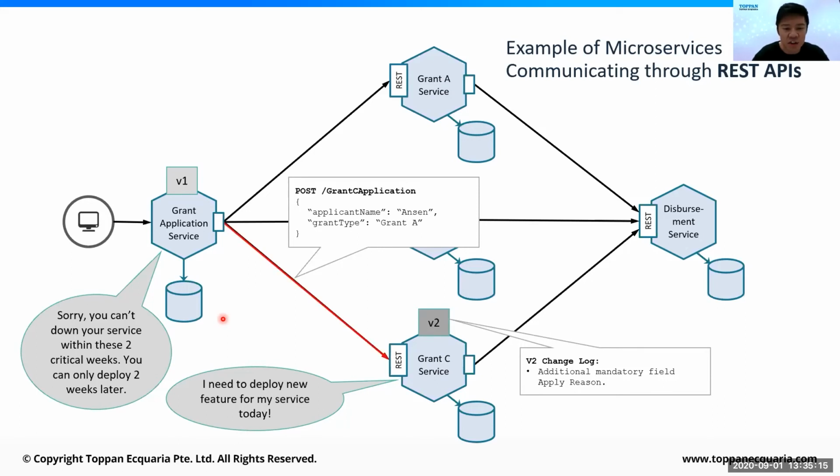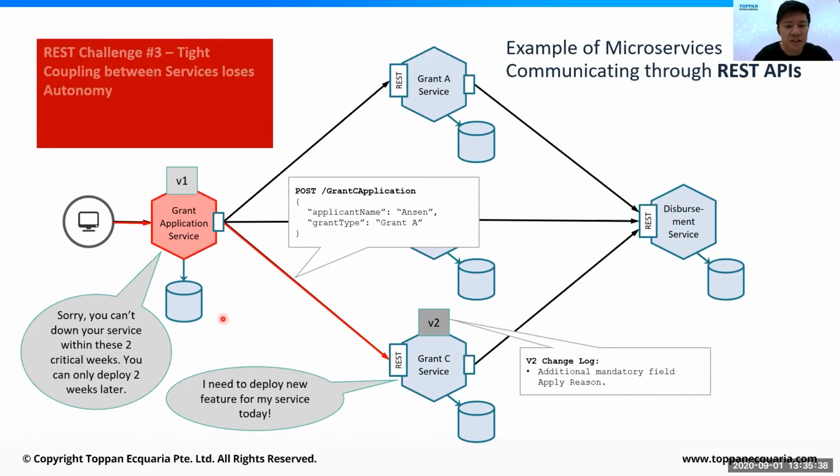Once upgraded to version 2, the API calls from the grant application service will fail as they do not provide the mandatory field called application reason. And this, in turn, will cause the whole application to fail. Right? So through these scenarios, we can see that REST-based microservices create tight coupling between services.